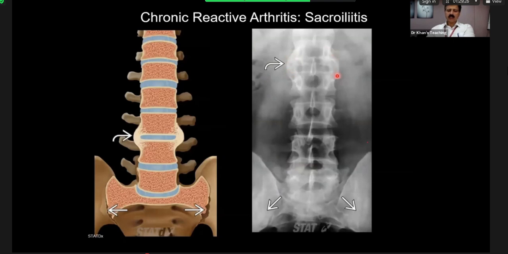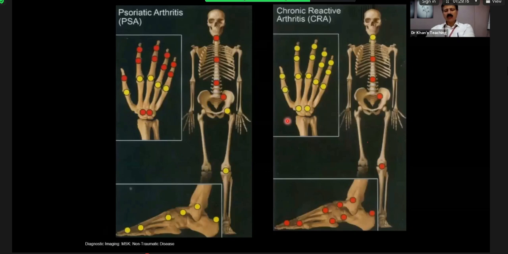Initially you think, oh, is this bamboo spine? Then you look here, there is nothing. Look here, there is nothing. So this can be either CRA or psoriasis. Now, take home point, this is an extremely important exam concept to remember. On this side is CRA, on this side is PSA. Look at the difference. In spine and SI joints, there is no significant difference.